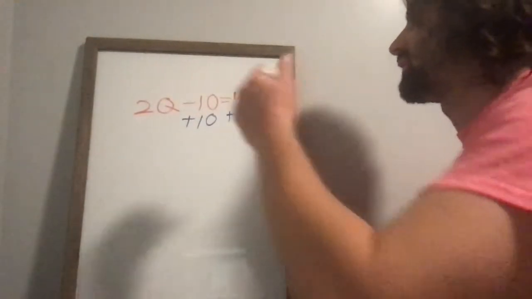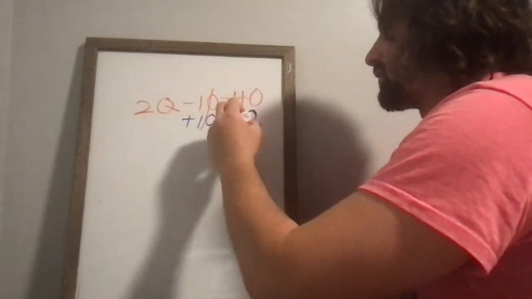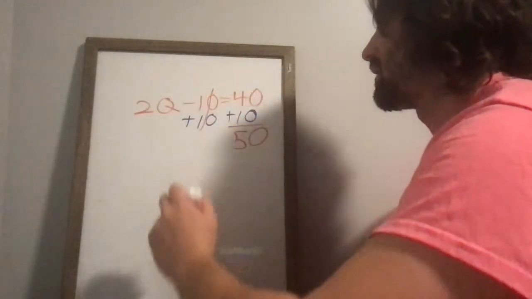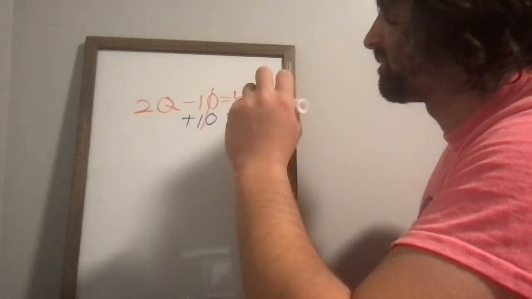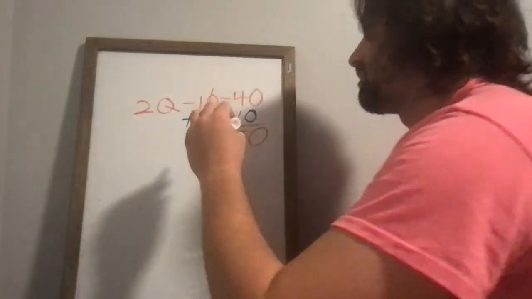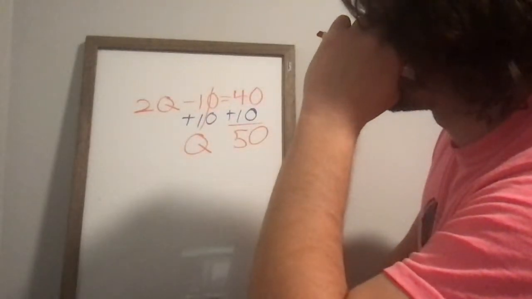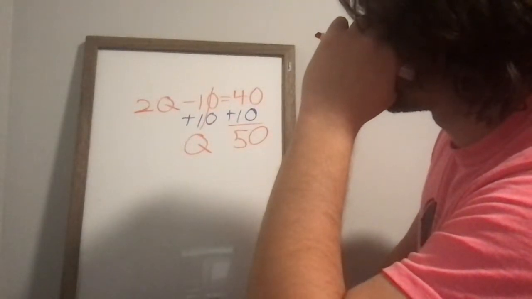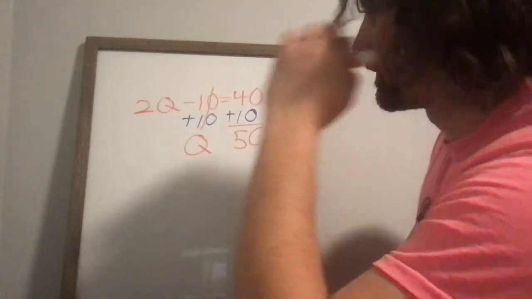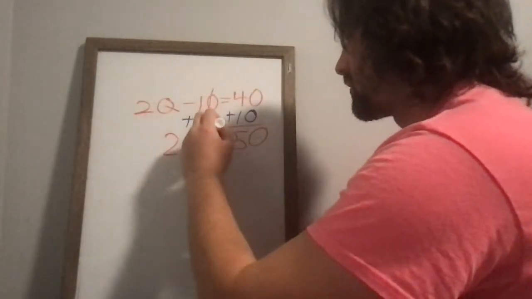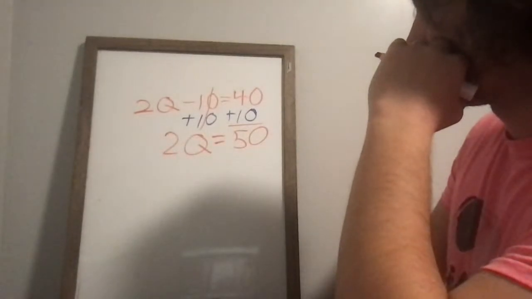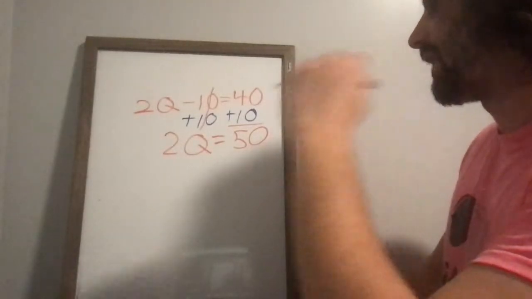Plus 10, plus 10. 40 plus 10 equals 50. 2q equals 50. So now step 1 is done.